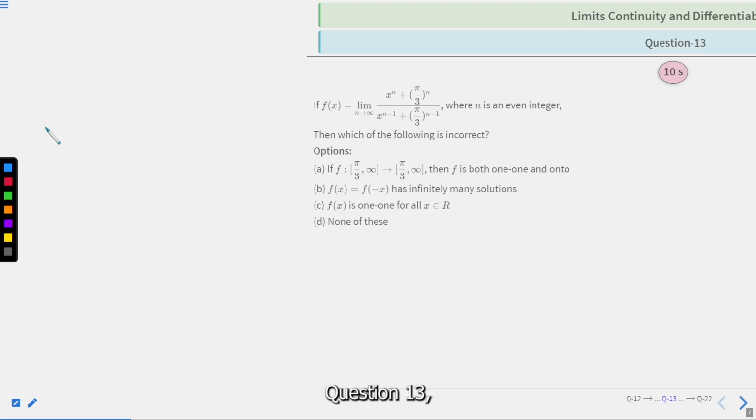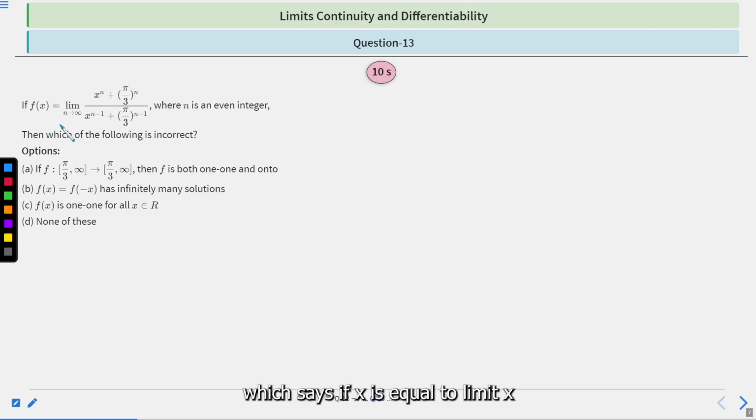Let's move to the next question, question number 13, which says: if f(x) is equal to the limit n tending to infinity of (x to the power n plus (pi by 3) to the power n) upon (x to the power n minus 1 plus (pi by 3) to the power n minus 1), where n is an even integer, then which of the following is incorrect? Clear? So the hint for this question is we can take x to the power n common.